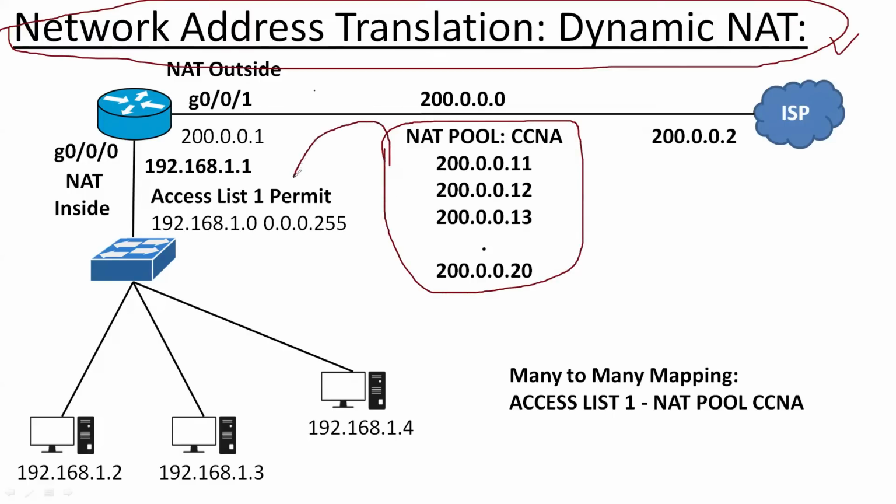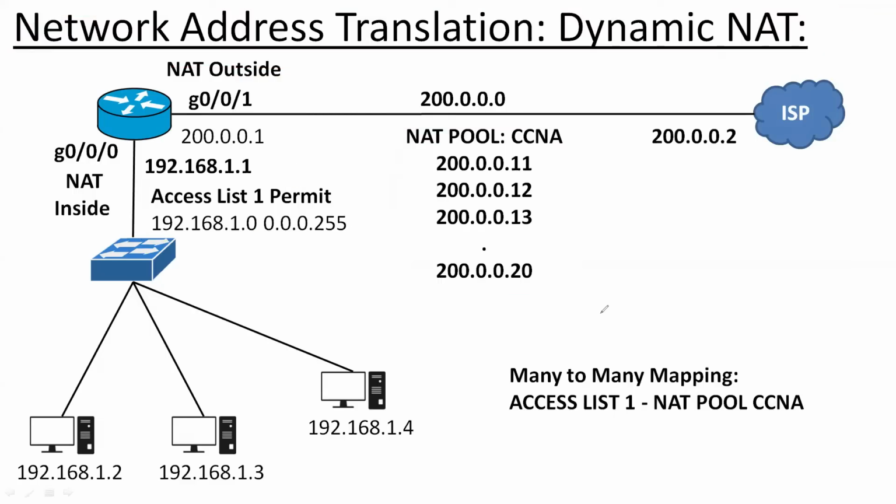An access list one that has information of the 192.168.10 network, in which 254 IP addresses will be there. So in dynamic NAT, we map a number of IP addresses with a number of IP addresses. We call this many to many mapping. Access list one will be mapped with what? NAT pool CCNA in this case.